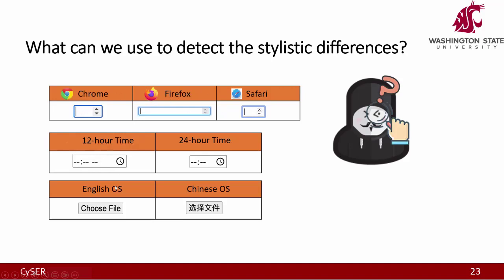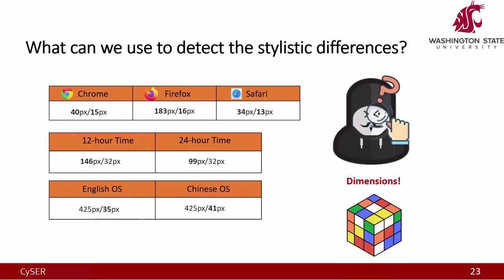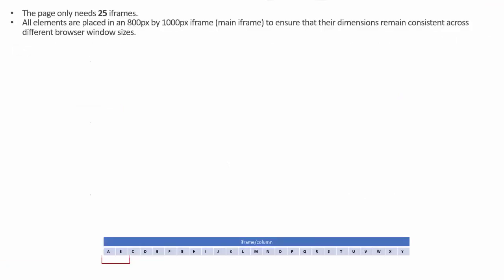And if the user configures the system differently, for example, the language is different, then they will show differently in the user's browser. So all these elements will have different dimensions. If we collect the dimensional data, we can use it to infer the device characteristics and more.